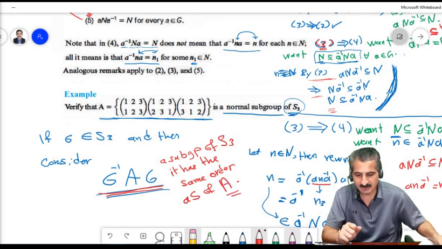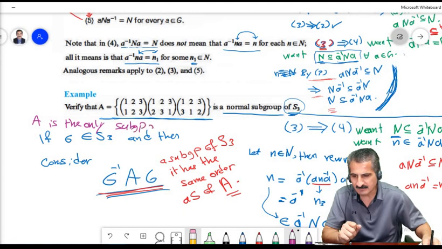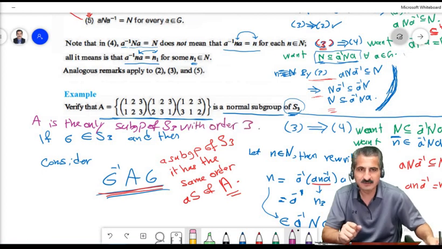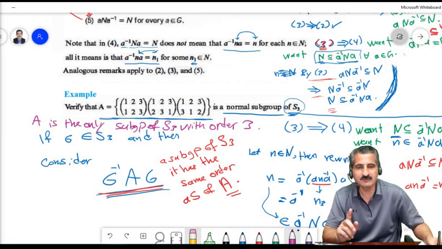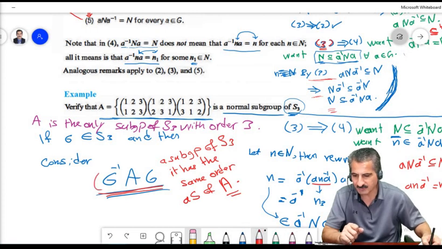And I just said A is the only subgroup of S3 with order 3. So I have only one subgroup in S3 of order 3, and I am saying here that this is a subgroup. It has order 3, and this is a subgroup. It has order 3.